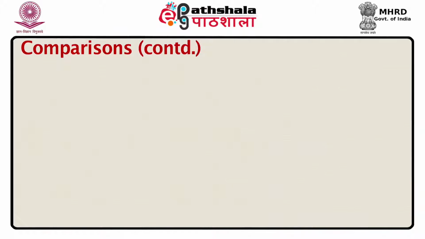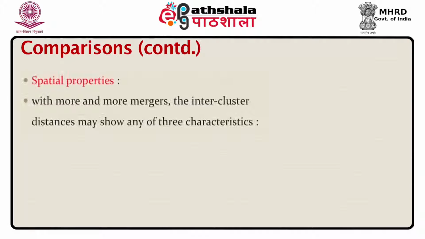The next aspect that we look at is known as the spatial property. What is meant by a spatial property is that as we make more and more mergers of the clusters, the intercluster distances may show various types of characteristics. These are primarily of three types.